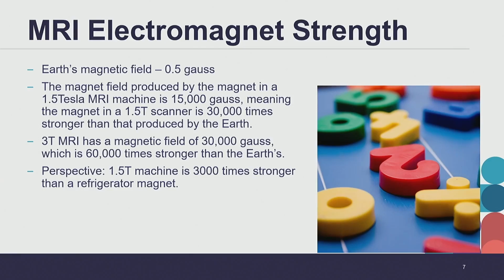And a 3T MRI machine, the nice machine that gives you really good pictures, is 60,000 times stronger than the Earth. To put things in perspective, the magnet of a 1.5 Tesla MRI machine is 3,000 times stronger than your refrigerator magnets.